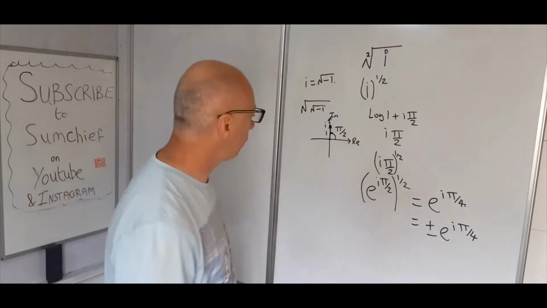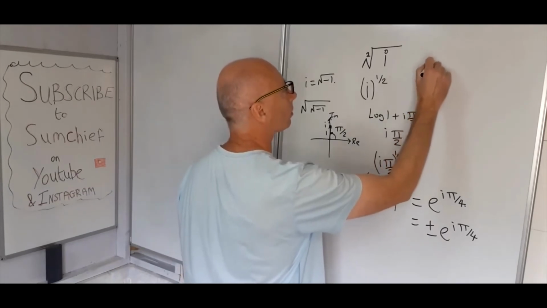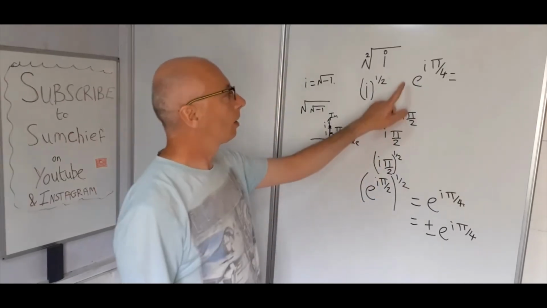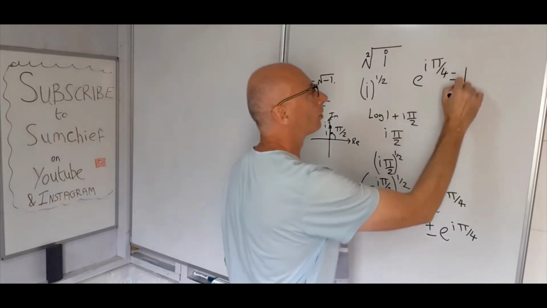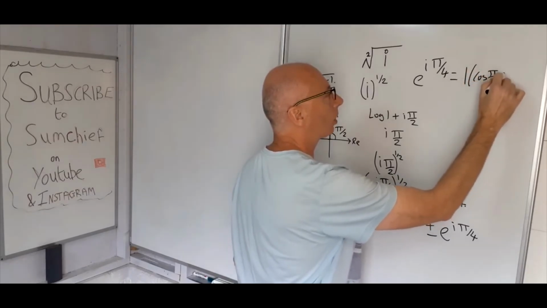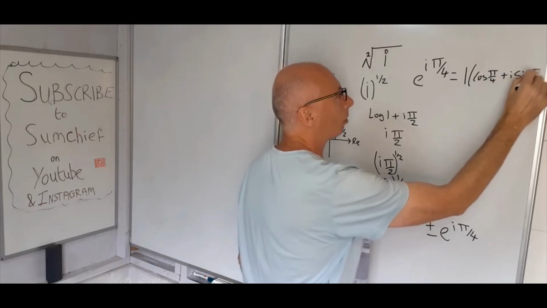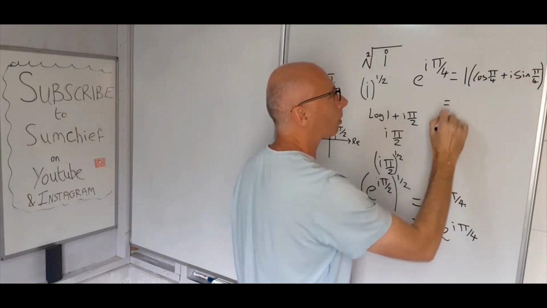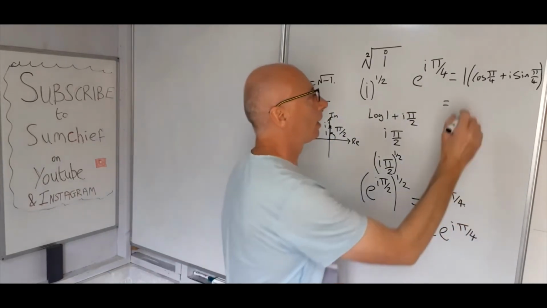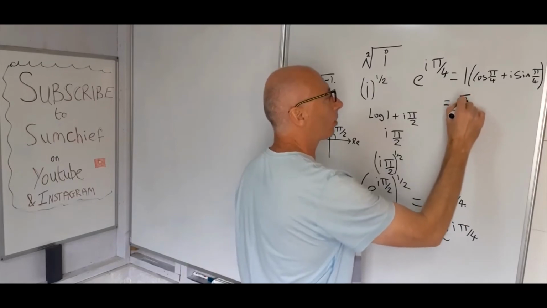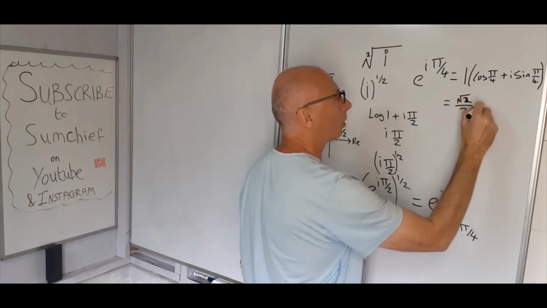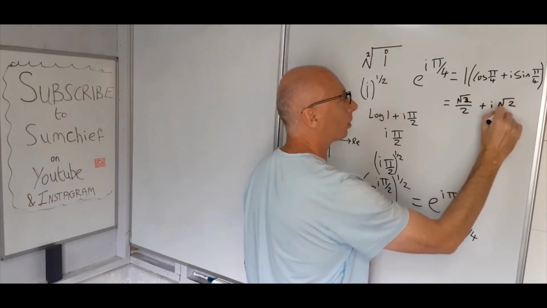So e to the i pi over 4 is the same as saying, well, the modulus is 1, and then we've got cosine pi over 4 plus i sine pi over 4, which equals, okay, cosine pi over 4, so what is that? That is root 2 over 2 plus i root 2 over 2.